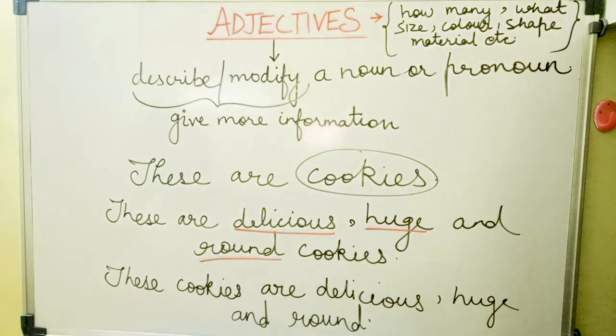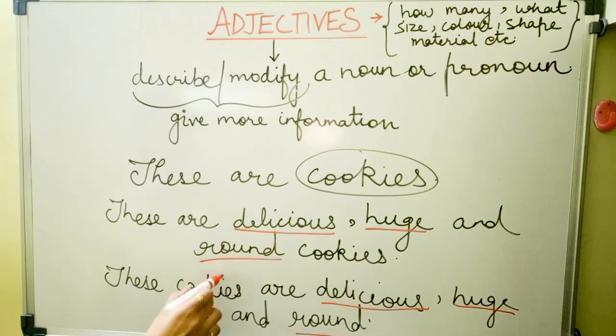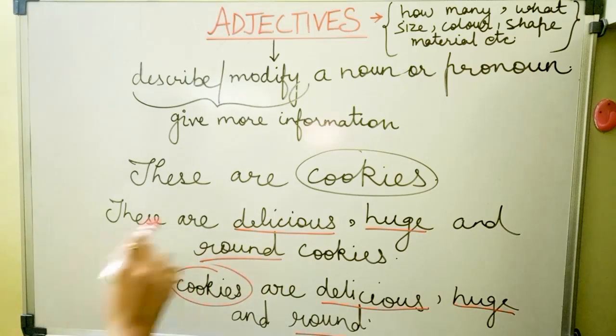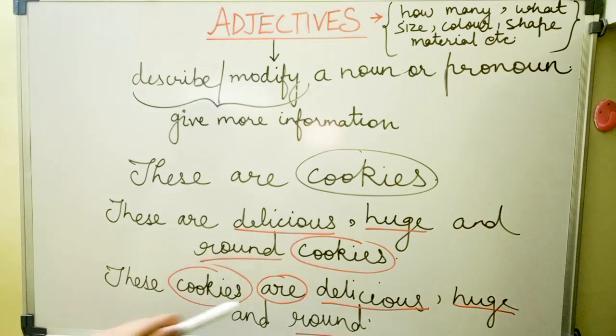So here you see that I have used the same adjectives, that is delicious, huge and round, after the noun cookies. And in this sentence, the adjectives were used before the noun. If we use the adjective after the noun, then they are linked with this verb, which is also known as linking verb, that is are. I hope this much is clear to you all.